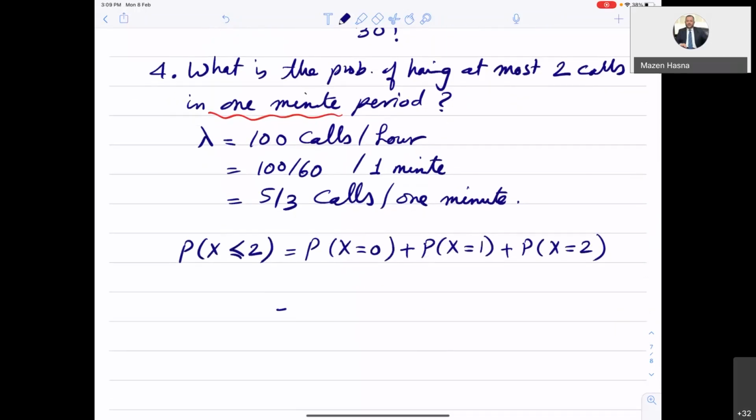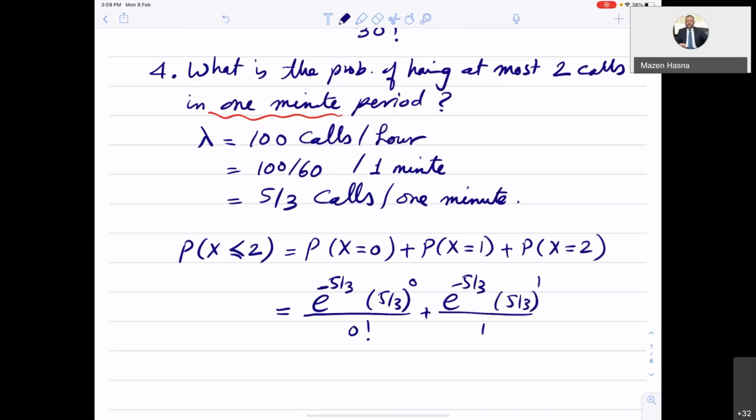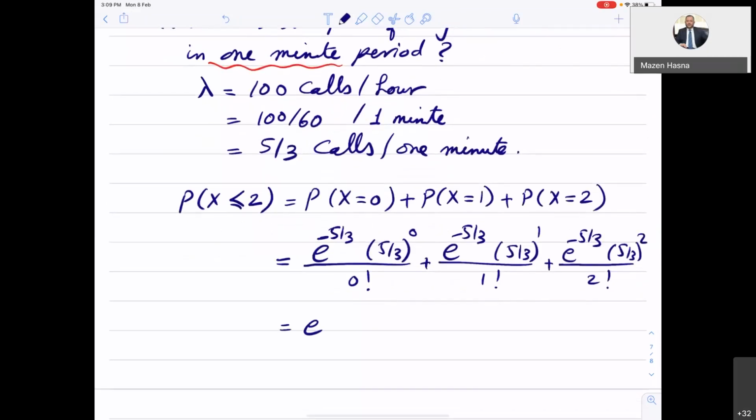For each one we use e to the minus lambda, lambda to the x over x factorial, so e to the minus lambda to the 0 over 0 factorial, plus e to the minus lambda to the 1 over 1 factorial, plus e to the minus lambda to the 2 over 2 factorial, which is simply e to the minus 5/3 times 1 plus 5/3 plus 25 over 9.